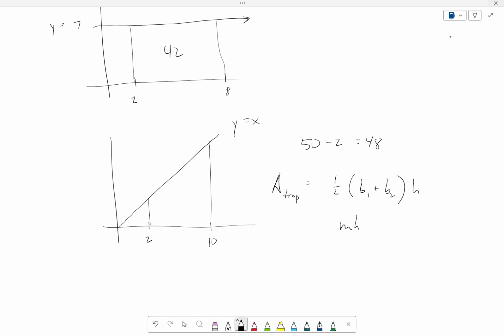Does this look familiar? M standing for the median, which would be this length right here. Does it make sense that that length in the middle is the average of the bases? And what is this length here?